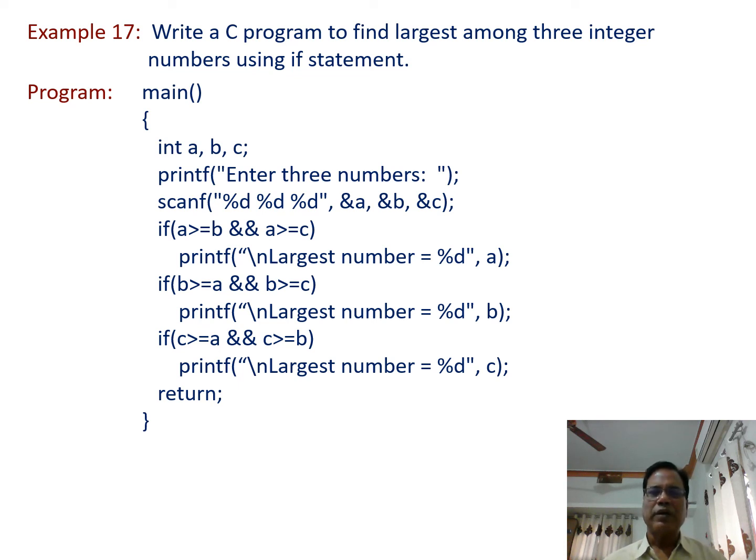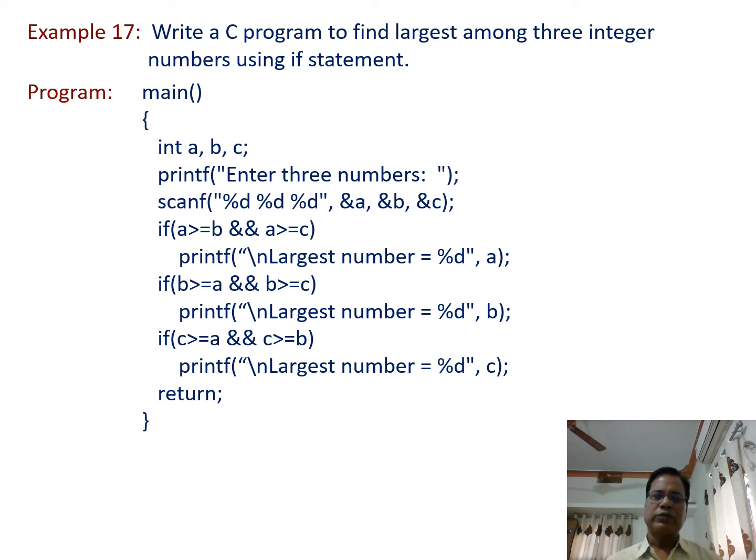Suppose this condition is also false. Then the next if statement compares the value of c with the values of a and b. If c is greater than or equal to a and c is greater than or equal to b, if these two conditions are true, then with the AND logic the condition is going to be true.